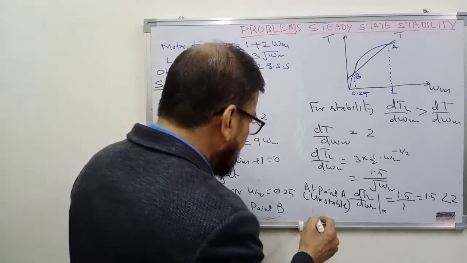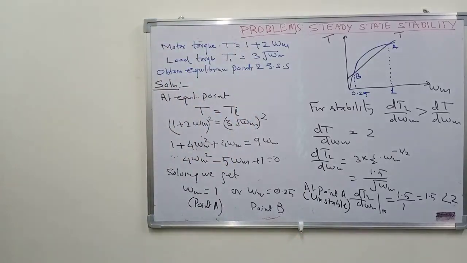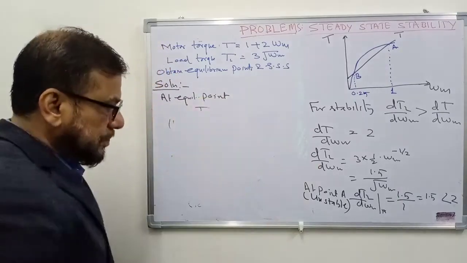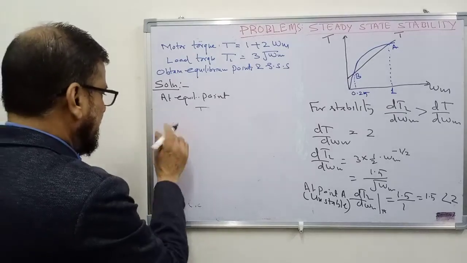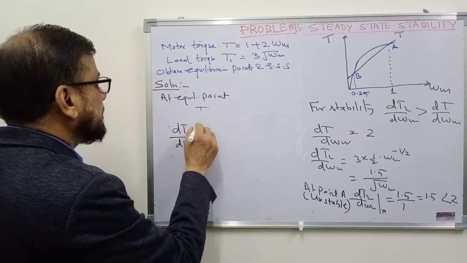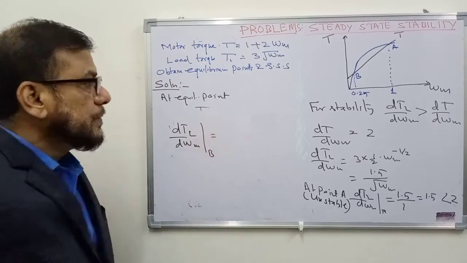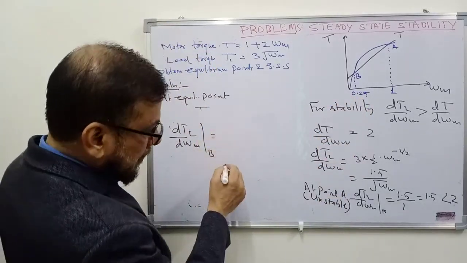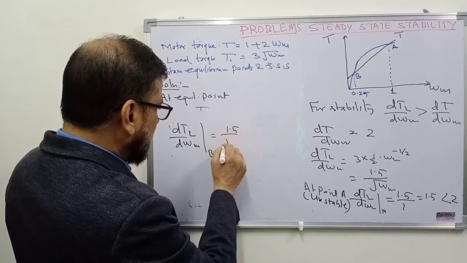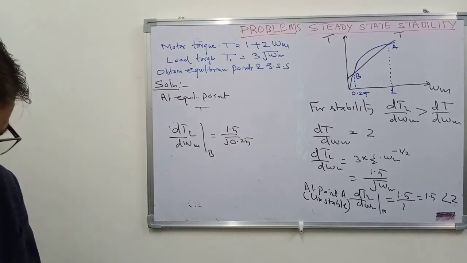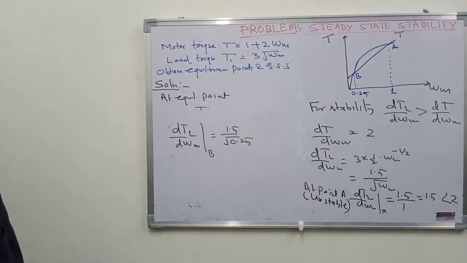Now at the other point, at point B, dTL upon d omega m at point B, where omega m is equal to 0.25, is equal to 1.5 upon square root of 0.25, and this value comes out to be 3.